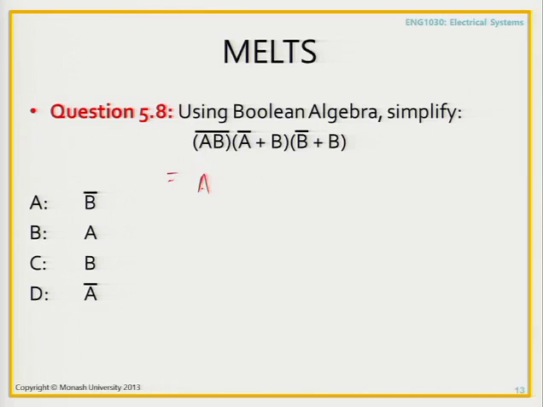An easier step would be to go AB prime times A prime plus B times, now what's this equal to? 1, all right, times 1. If you started multiplying out A prime B, B prime, A prime B, that would be perfectly correct, but would make things a lot harder.